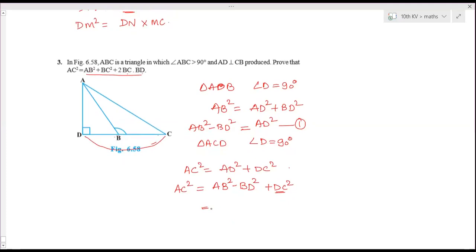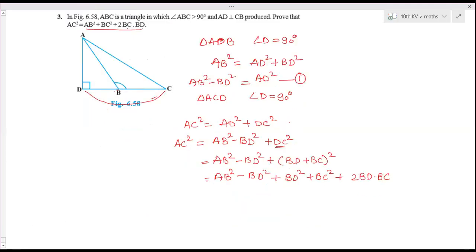We'll substitute that. AB square minus BD square plus BD plus BC whole square. The value of CD is BD plus BC, so now open the bracket. This is equal to BD square plus BC square plus 2 BD into BC.